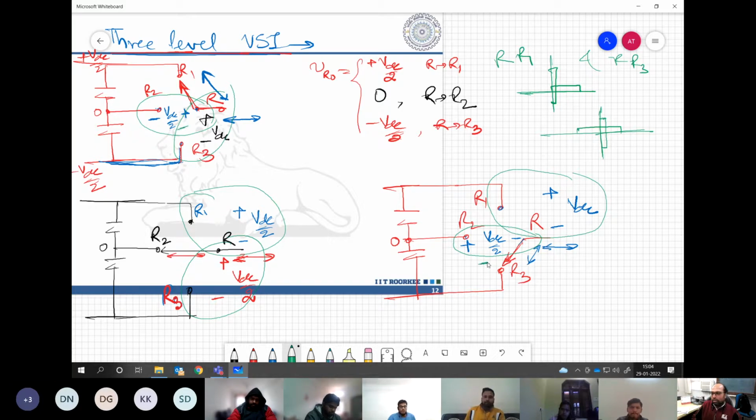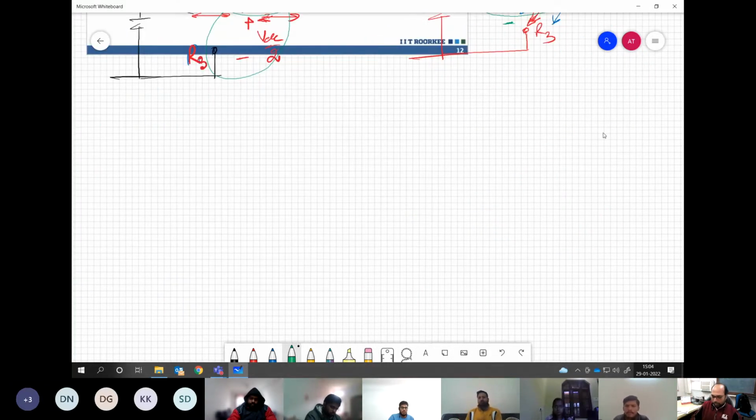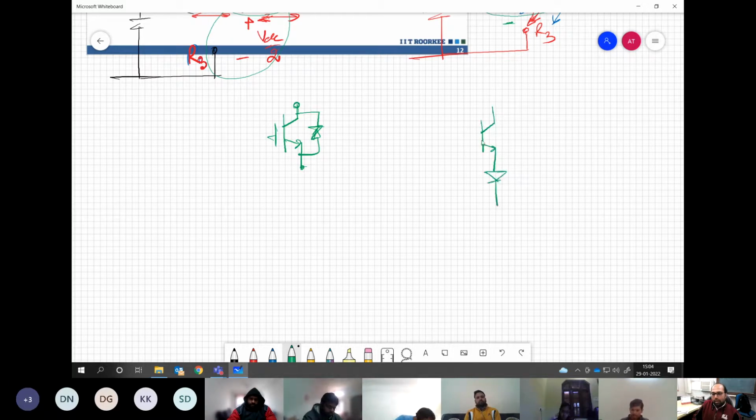So for RR1 and RR3 we can have the arrangement as done in the two-level VSI, which gives unipolar blocking and bipolar current conduction. If you want bipolar voltage blocking and bidirectional current conduction, then we need a parallel connection of this anti-series connection.